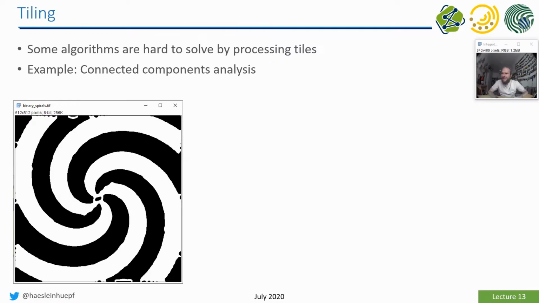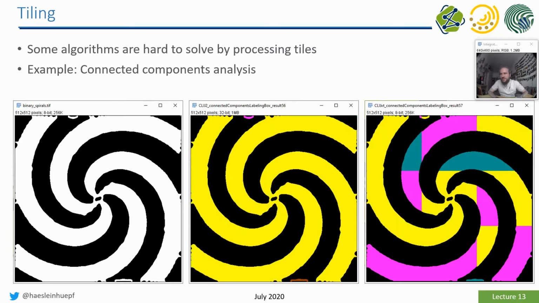Furthermore, tiling brings additional challenges. Connected components analysis, for example, is an algorithm which is not very easy to do in tiled images because relationships between these tiles have to be taken into account. It's not that there are no algorithms for that, but the number of tools which allow you to do these things on tiles, like connected components, is limited.